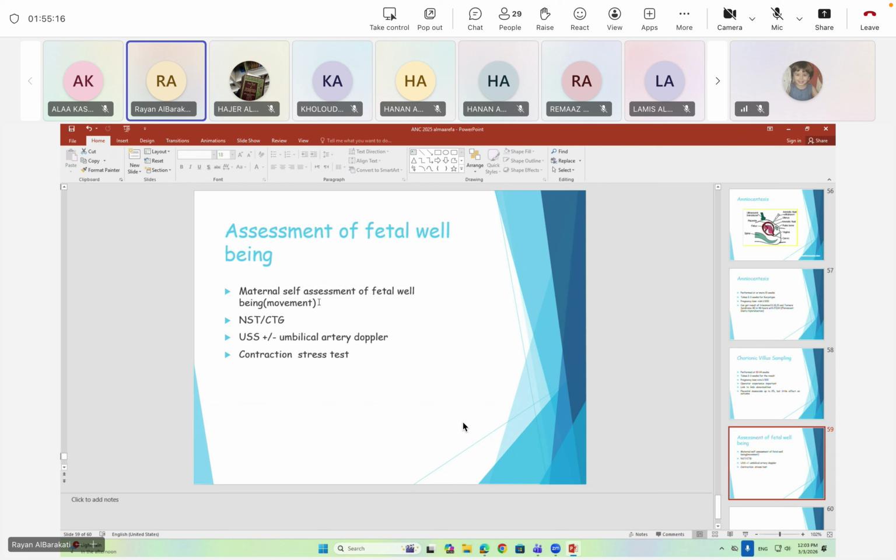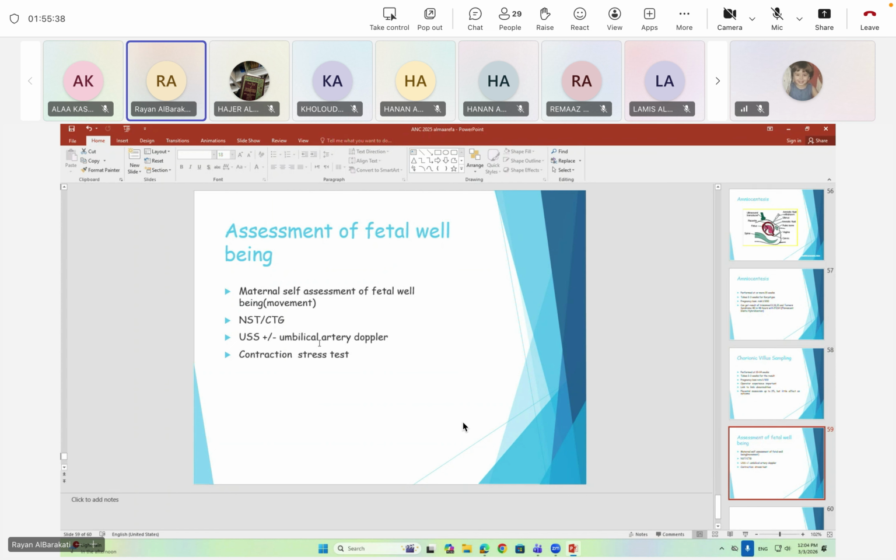Also, we can do other Doppler studies for the middle cerebral artery or the ductus venosus or the ductus arteriosus. All these are Doppler studies, but usually we do umbilical artery Doppler.